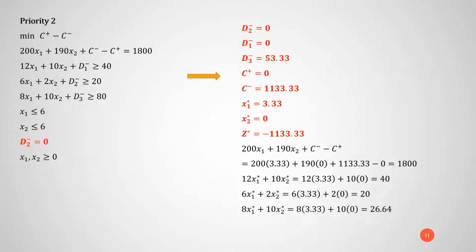So after solving the second priority, I'm moving to the last priority. Again, what I am going to do here is treat the objective function of this priority as a hard constraint for the next priority.